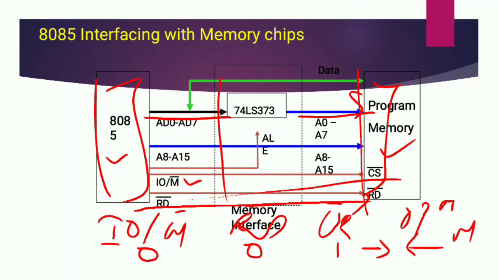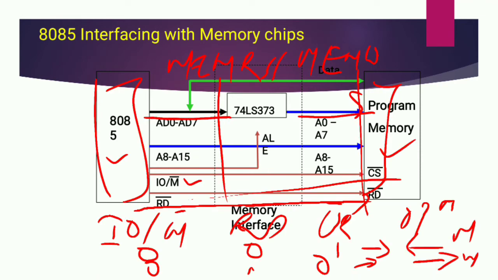When IO/M bar is 0, RD bar is 1 and WR bar is 0, then the 8085 writes data into the memory. So using IO/M bar, read and write signals, two control signals, that is MEMR, memory read, and MEMW, memory write, are generated.